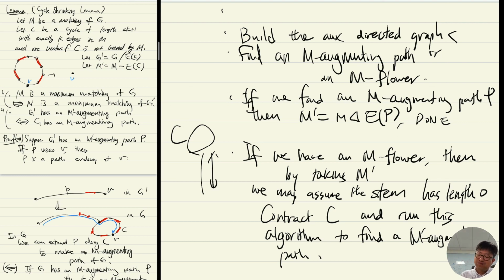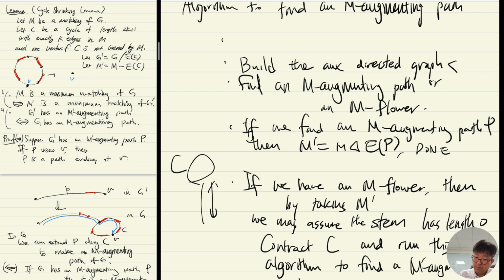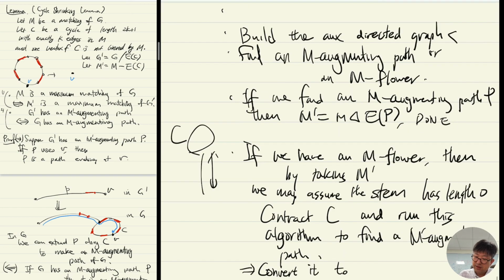So we find an M prime augmenting path, that's the output, and convert it to an M augmenting path. Yeah, I should say if it exists. I also should say if it exists.